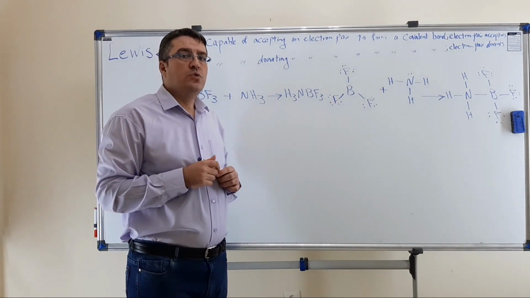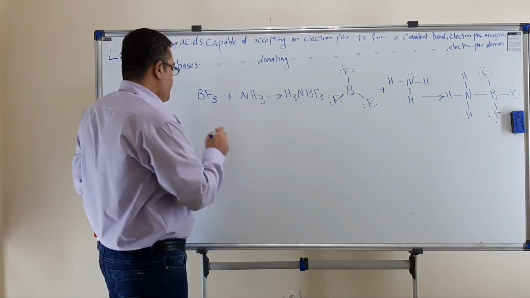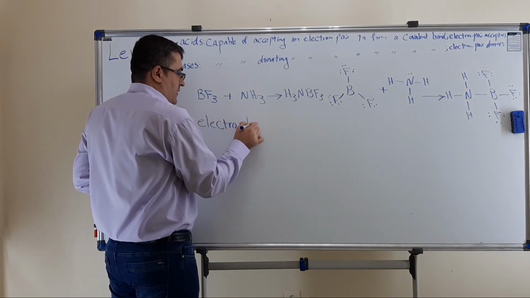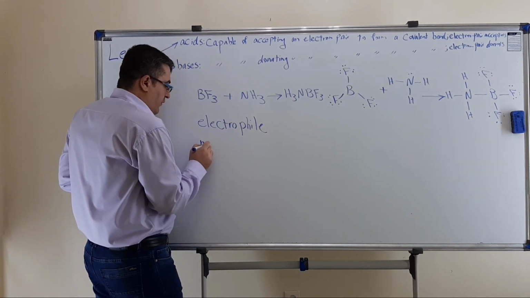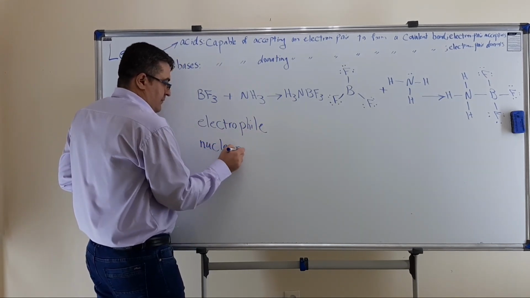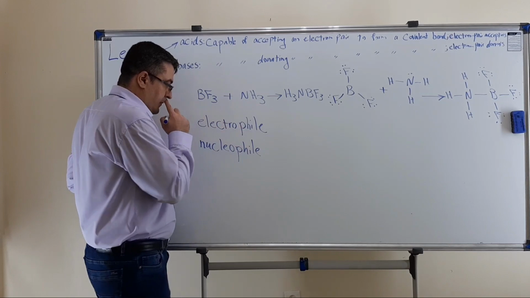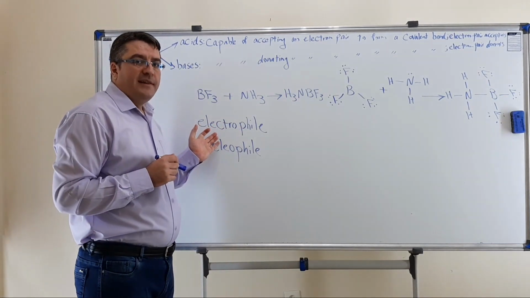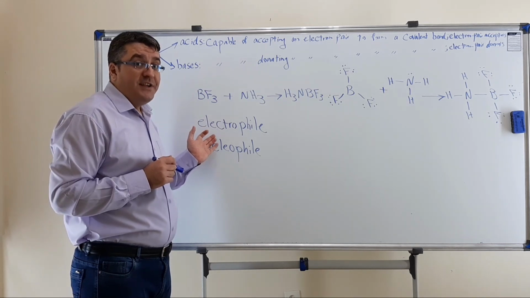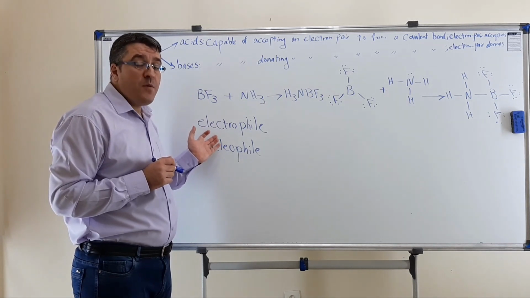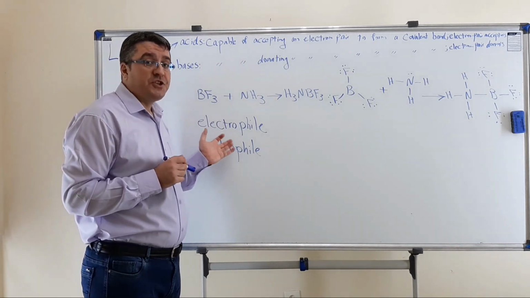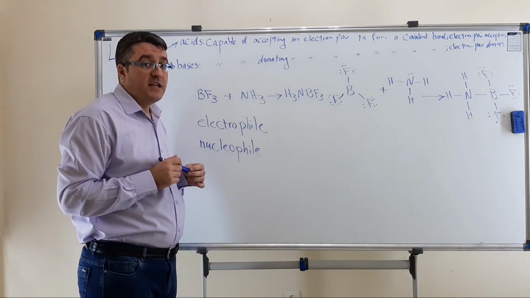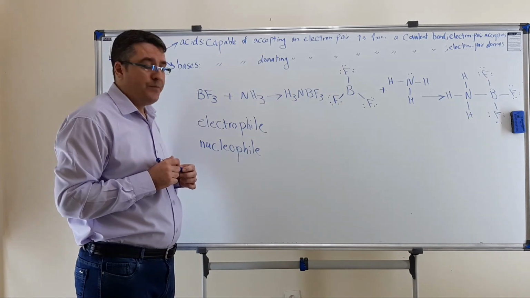Here, it is also good to be familiar with the terms electrophile and nucleophile. An electrophile or an electrophilic reagent is a reagent that forms a bond to its reaction partner by accepting both bonding electrons from that reaction partner.